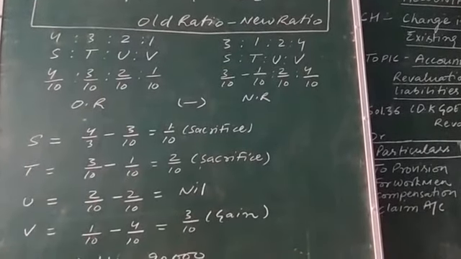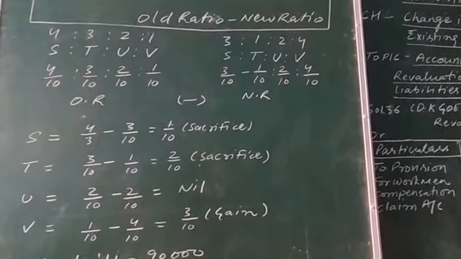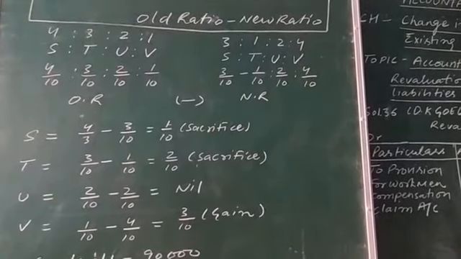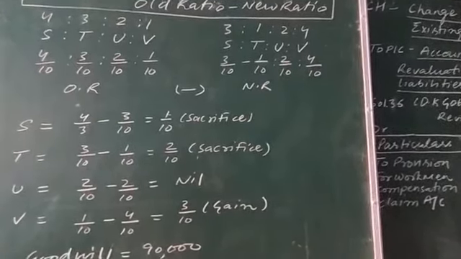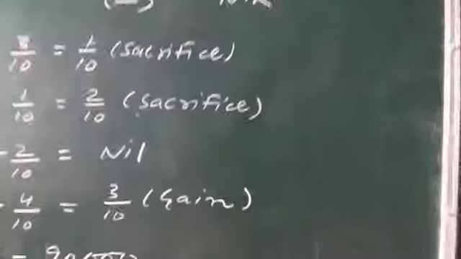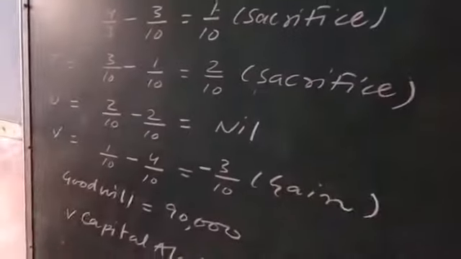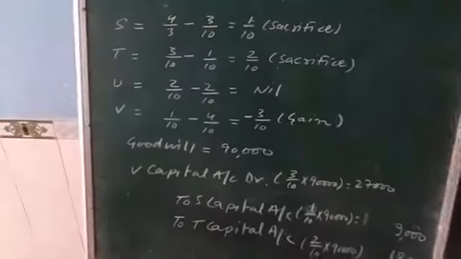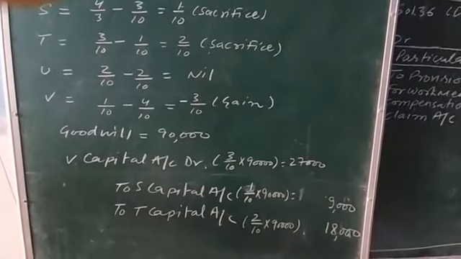Now T again sacrificing. U, the answer is nil, 0, means he is neither sacrificing nor gaining. Now V, the answer is in negative figure, and it means this concerned partner is gaining. Okay, the goodwill was 90,000 as I have shown you earlier in the book.